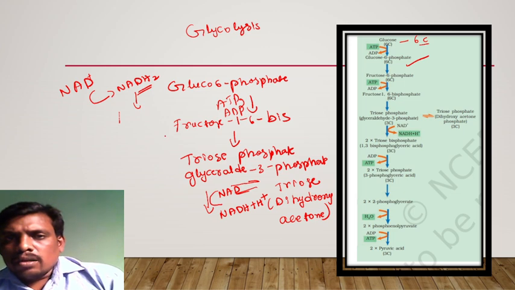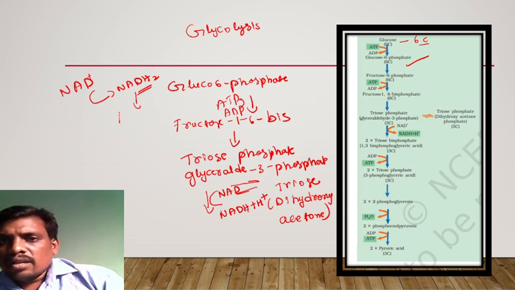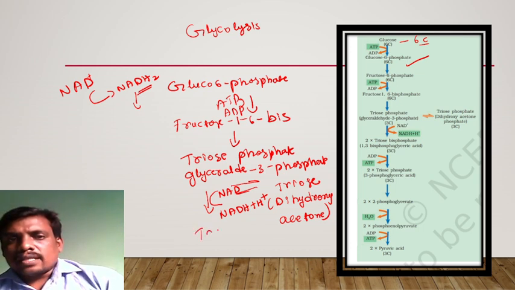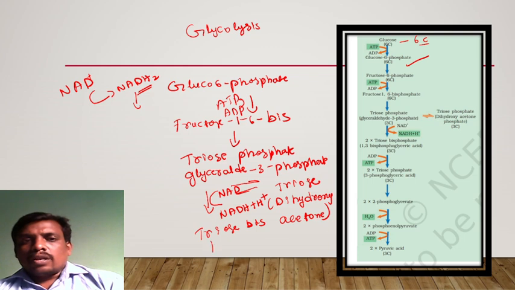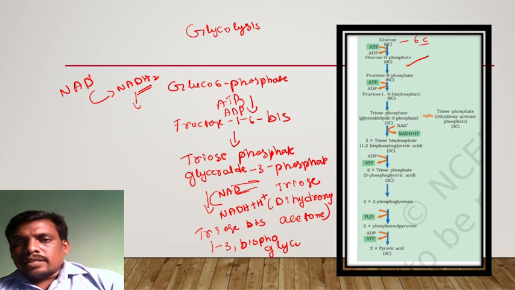Finally, here the compound glyceraldehyde 3-phosphate will be converted into triose bisphosphate. What is the triose bisphosphate? The best example for it is 1,3-bisphosphoglyceric acid. What is that? 1,3-bisphosphoglyceric acid.